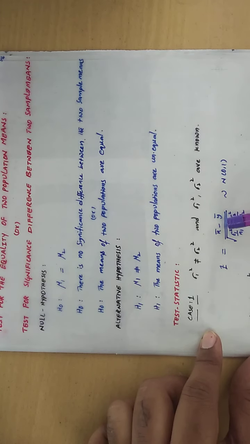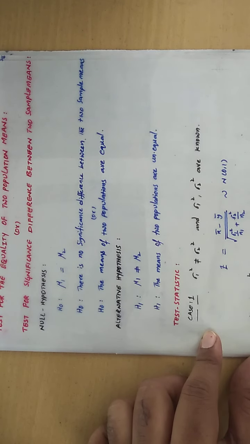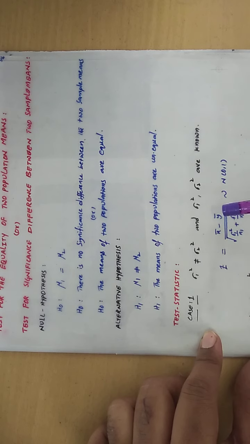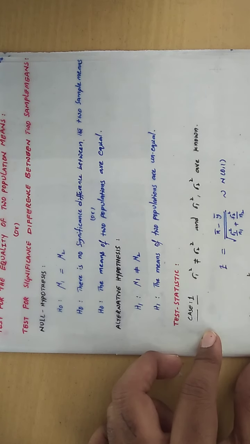That is x bar minus y bar by square root of sigma 1 square by n1 plus sigma 2 square by n2, which follows N(0,1). In the large samples we gave the notations x1 bar minus x2 bar. Both are the same. Not to confuse, instead of x1 bar, x2 bar, here I wrote x bar, y bar, that's it. Same formula.